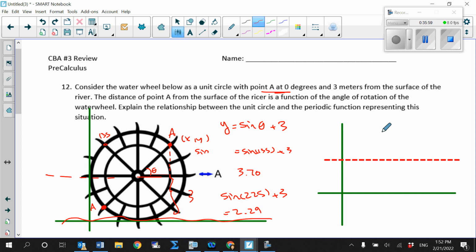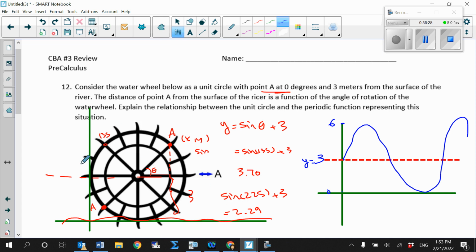And the graph of the function could be something like this. Y equal to 3 is my sinusoidal axis. The highest point in this case will be 6. The lowest point is at 0. The function could be something similar to this, repeating itself because the point is making circles around this water wheel several times.